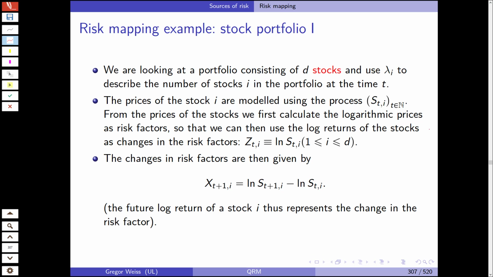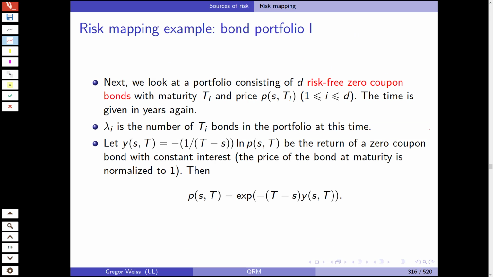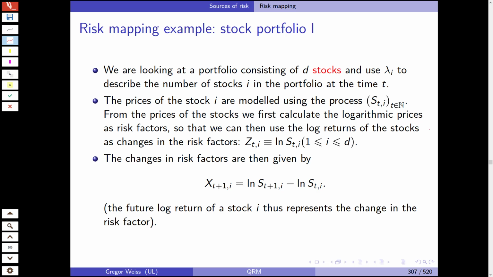We have a stock portfolio. The second example is a European call option, and the third example is a bond portfolio. All these three examples are quite different, but it is very interesting and very instructive to see what the risk factors are and what the risk mapping is.